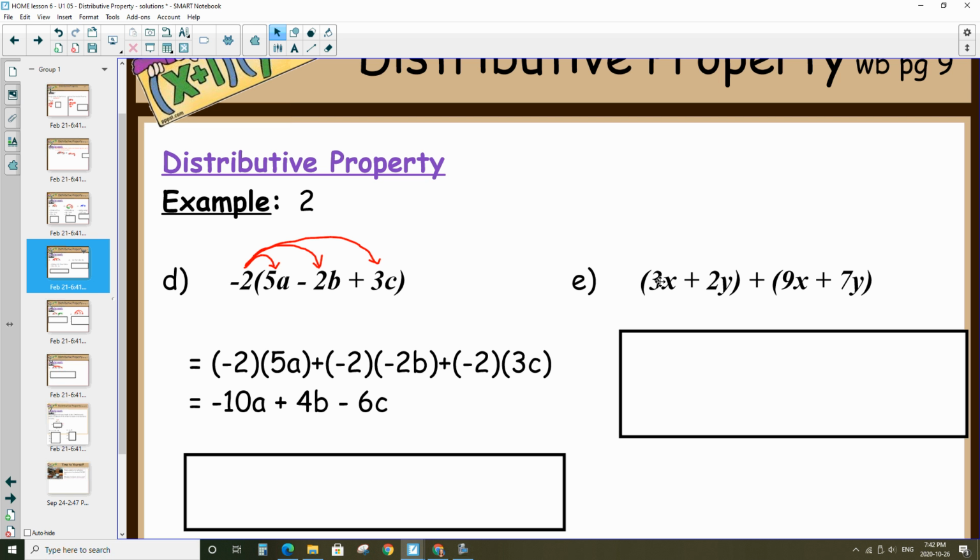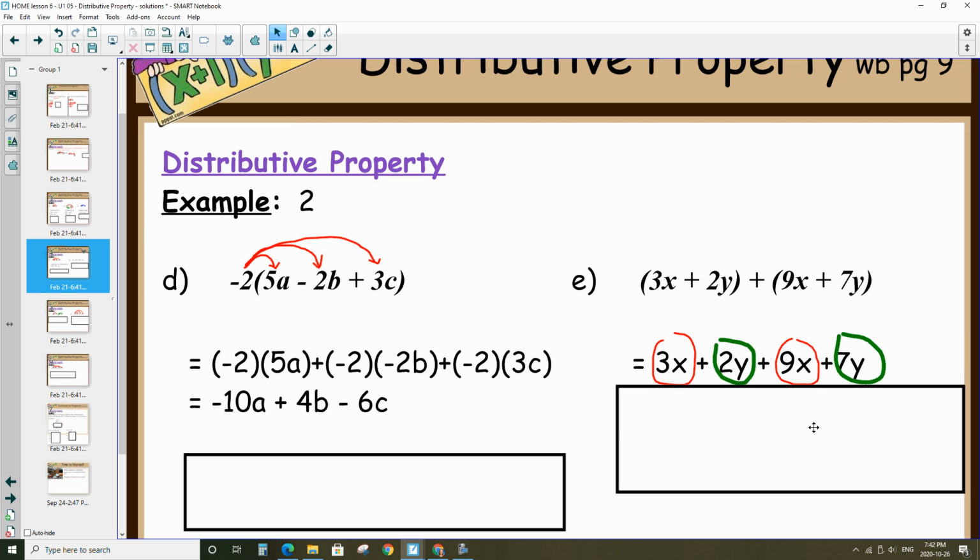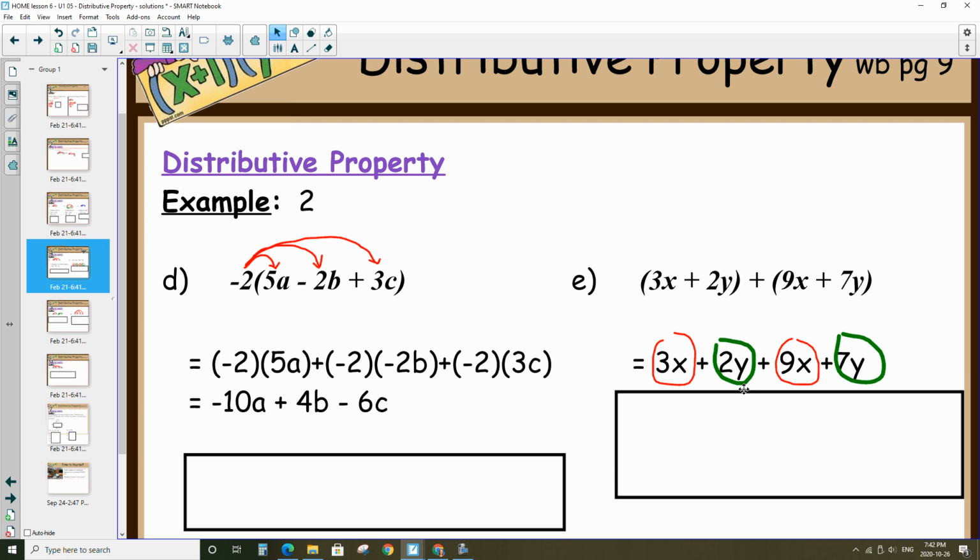Here we have just adding a binomial with another binomial. We can just eliminate the brackets here and then collect like terms. There is no value in the front of either of those brackets to multiply through. So we're just going to remove the brackets and then collect like terms. I've got the ones that match circled.